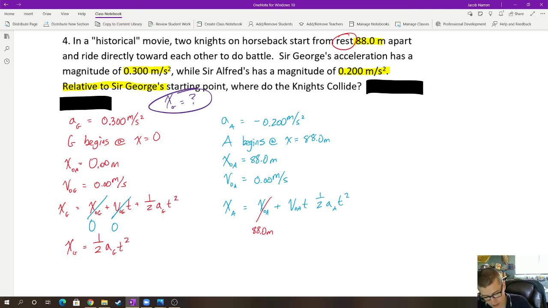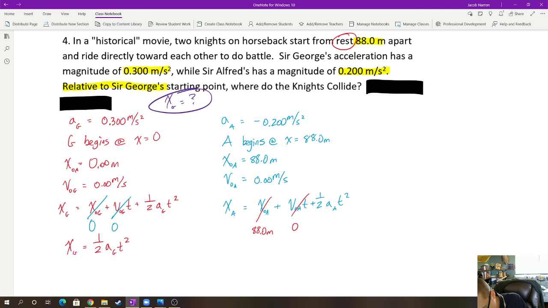Next, initial velocity is still 0. I forgot a plus sign, so I'll squeeze it in there. Because this next term is also going to go to 0. Initial velocity of Alfred is also going to be 0. So that whole v times t term goes away. That's helpful. So let me rewrite this now with just one number.